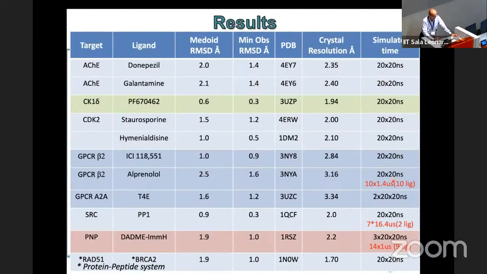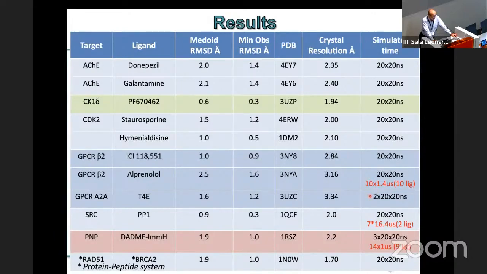If we compare the few cases where we have a brute force approach, maybe because it was done in the D. E. Shaw Research group with the Anton supercomputer, or because of very many GPUs applied to this, we can say that we were able, for example, to study the case that I showed you before, the Src kinase against PP1.